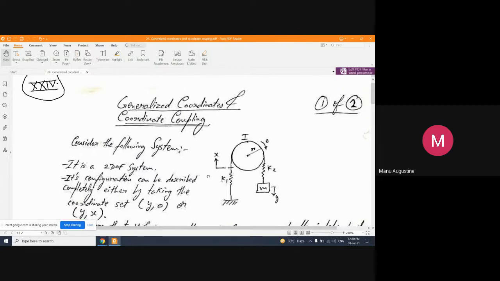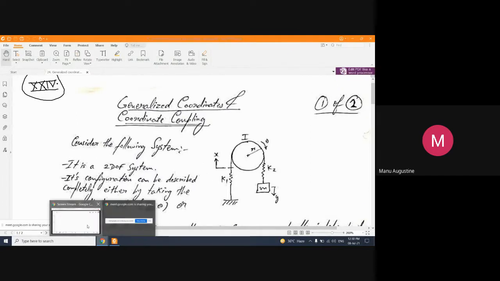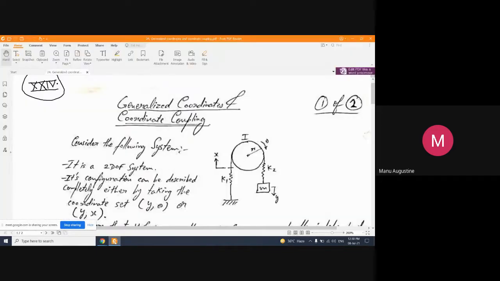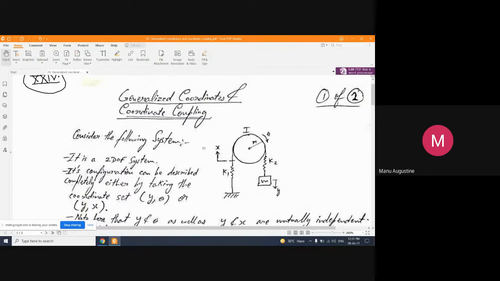See, if you read it from a book, the basic idea you'll get is that generalized coordinates are those coordinates which give you the configuration of a system at any instant of time while the system is in motion. Now, if you reflect back on something that I have taught you earlier regarding degrees of freedom, that also goes by almost the same definition.